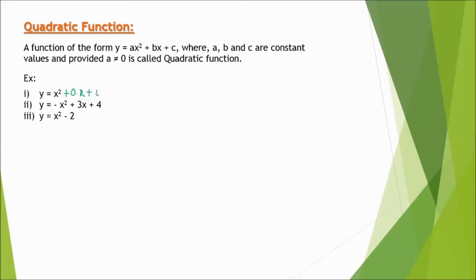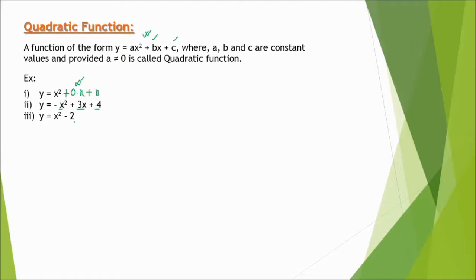So this is now in the form y is equal to ax square plus bx plus c, where b and c are 0. We are going to discuss the characteristics of quadratic functions later on. Here b is missing, so we don't have to worry about it. We can write b in this way, 0 dot x. So all these are quadratic functions.